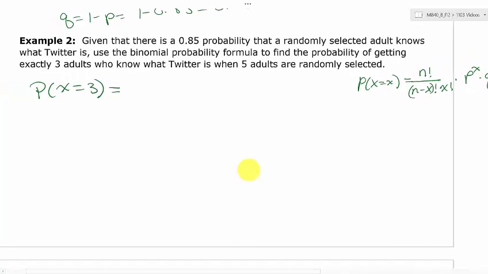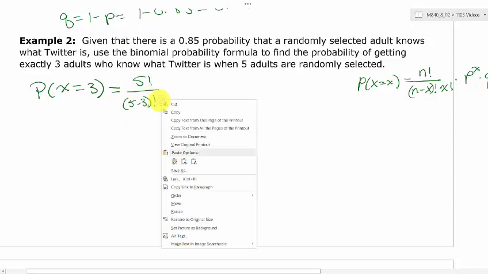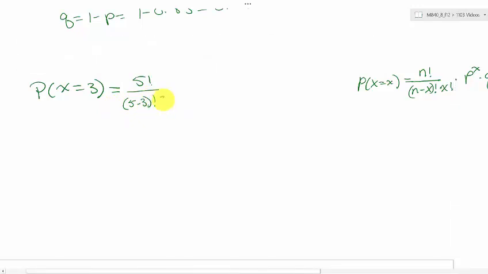So that's our formula. N in this case, remember, is 5, so that's going to be 5 factorial divided by n minus x, which is 5 minus 3 factorial, and then times x factorial, so that would be 3 factorial, times p, that's 0.85, raised to the x, so that would be 3, and then times 0.15, q, raised to n minus x, and n minus x is 2.